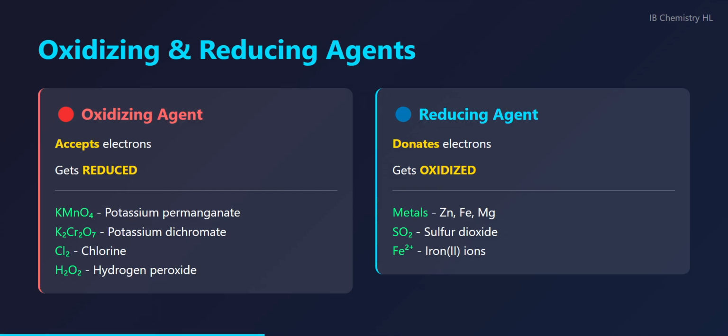Common oxidizing agents include potassium permanganate, KMnO4, potassium dichromate, K2Cr2O7, chlorine gas, Cl2, and hydrogen peroxide, H2O2. Common reducing agents include metals such as zinc, iron and magnesium, sulfur dioxide, SO2, and iron 2+ ions.